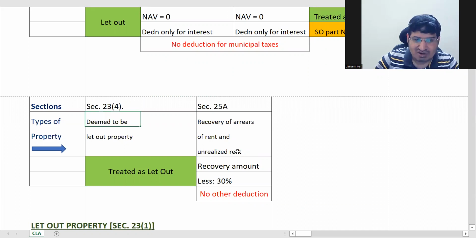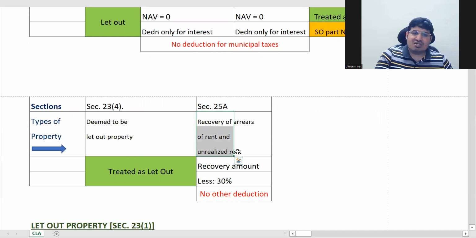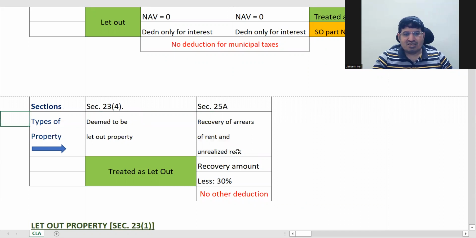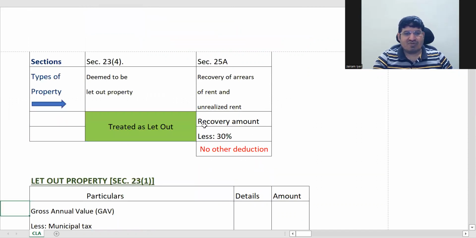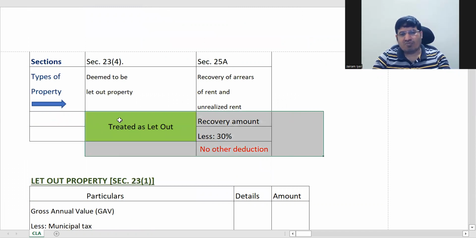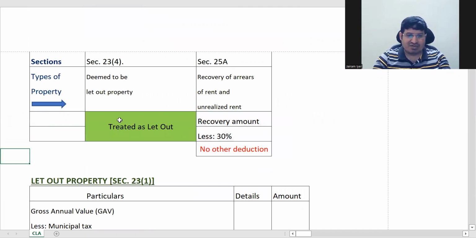This is deemed to be let out property: any house property over 2 houses is deemed to be let out. And this is recovery: if in any future year you have recovered any arrears of rent, then what is to be done? We are not going into this below part; we will see it later.